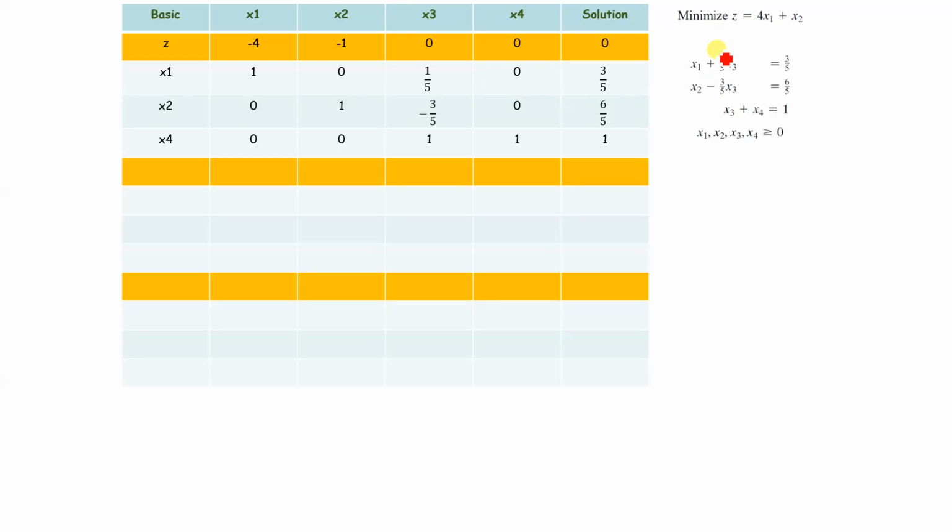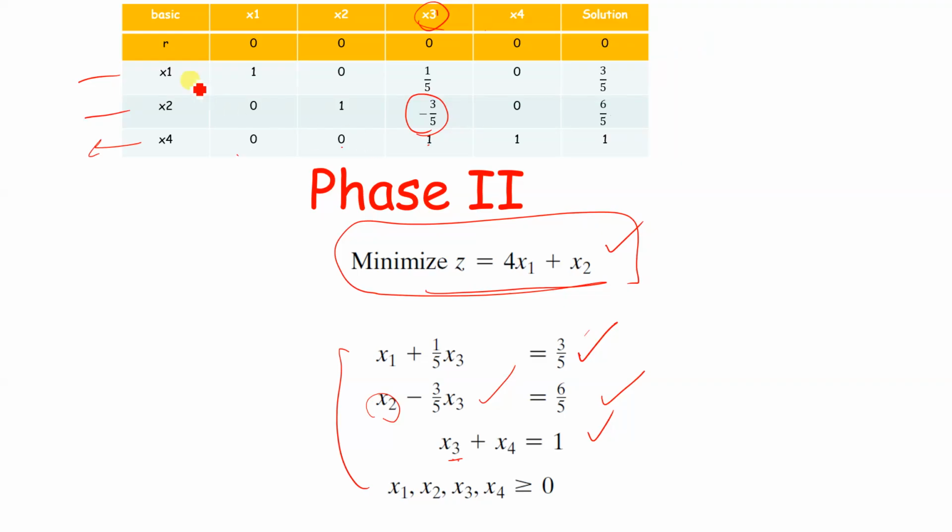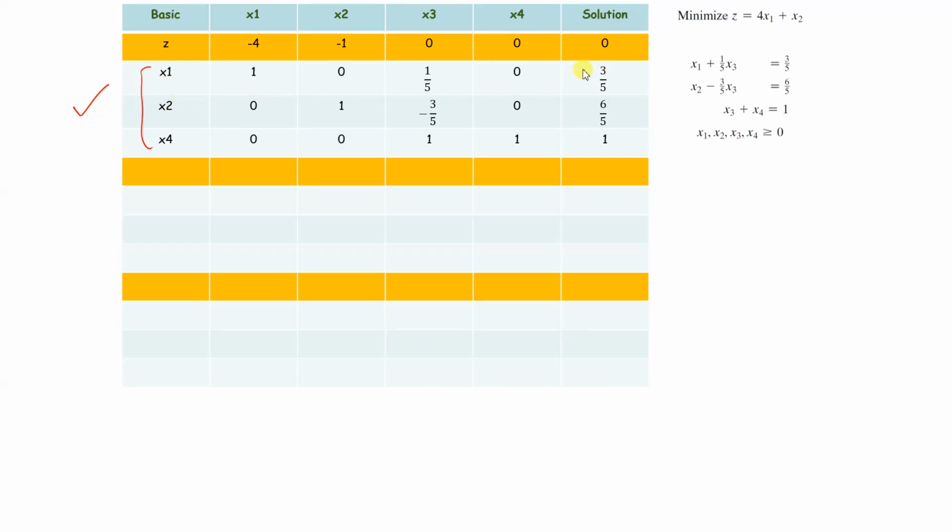So again, let's write the initial table for the simplex method. So we have these basic solutions we just found in the previous phase. Okay, at this step again we need to check the consistency, whether the system is consistent with these basic variables or not. If it is not consistent, we have to find a solution to overcome this problem. So let's see first of all whether this system is consistent or not.